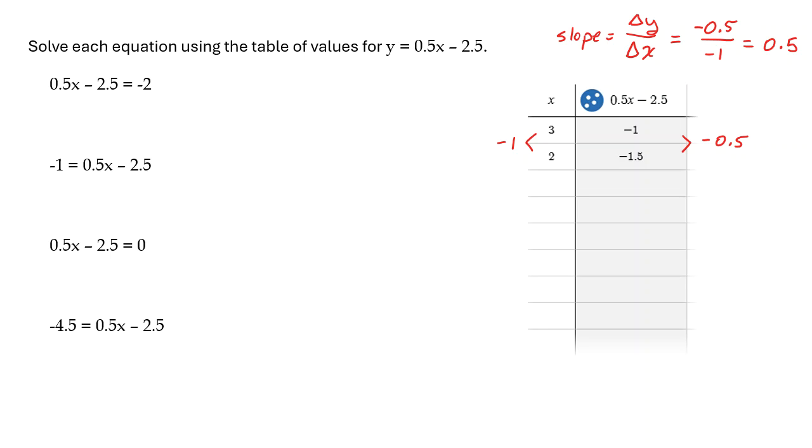Those of you that know how to find the slope of a line from the equation already saw that the slope was going to be 0.5. What that means is every time x increases by 1, y will increase by 0.5. If x decreases by 1, let's say we go down to 1, then y is going to decrease by 0.5.